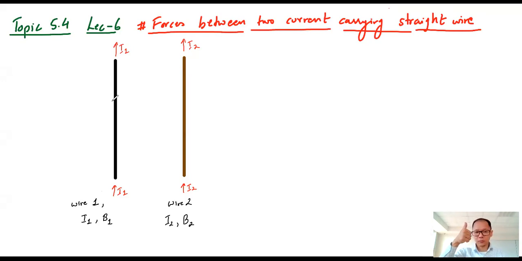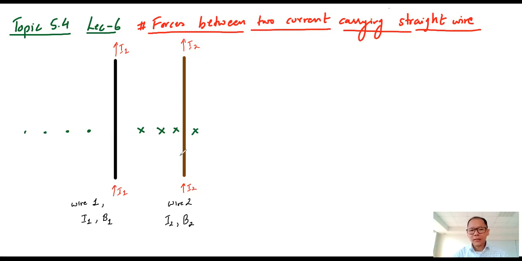For that, I'll point my thumb towards the direction of the current, and I will curl my fingers in such a way that it's the direction of magnetic field. So in this case, the right side has a cross because it's going away from me. And in the left side, I will have a dot field, because it's coming towards me. So this is the magnetic field pattern of wire 1.